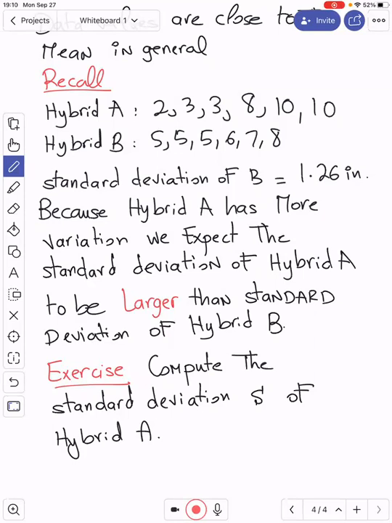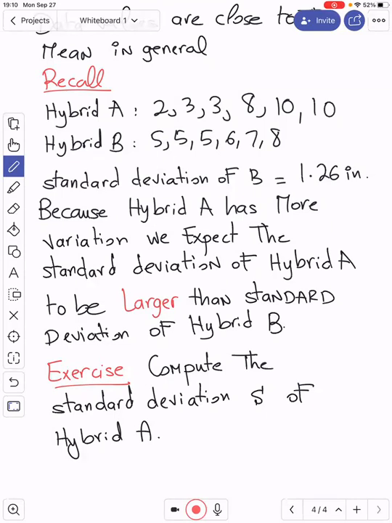And remember, guys, both hybrids have the same mean, which I think was 6, right? So they have the same mean, but of course they're going to have different standard deviations.